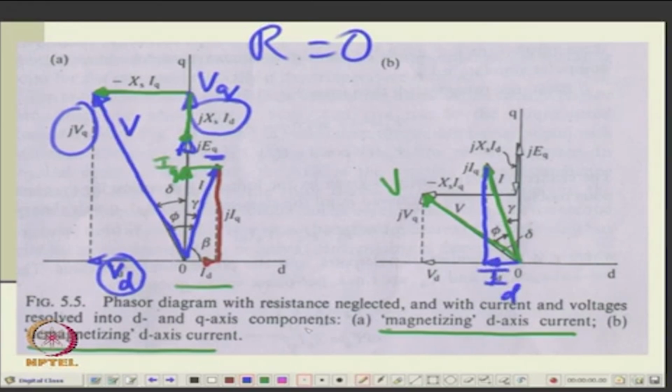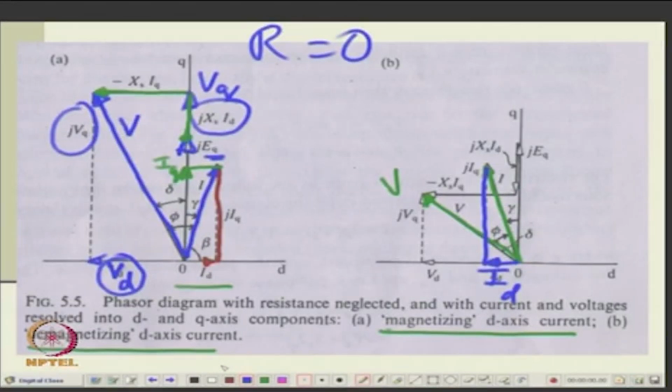So, in this phasor configuration, you find this ID is having a demagnetizing effect. Is it okay? Because they are the components of the armature flux. After all, if you look at a common observer observing the air gap, whether it is an armature MMF or field MMF, they are rotating at synchronous speed. Okay. So, you have a magnetizing effect or a demagnetizing effect.